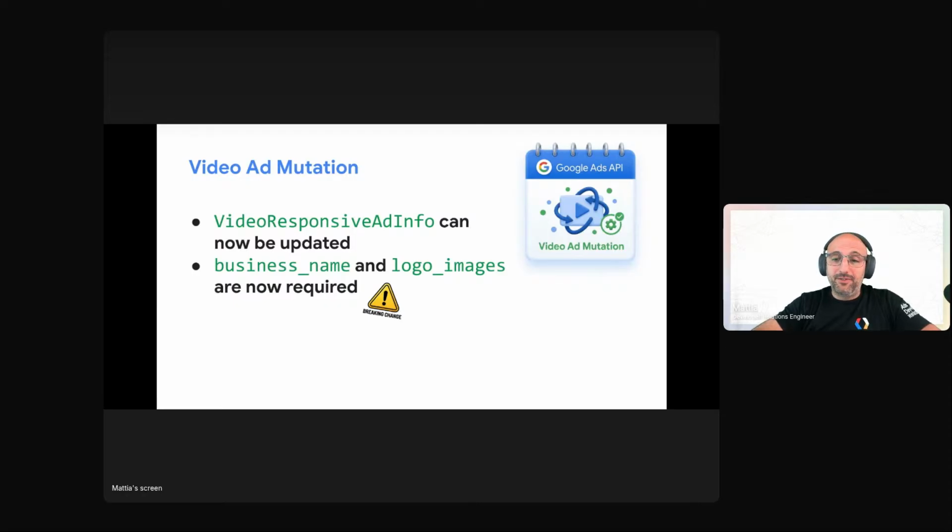Starting with V24, you are now able to mutate video ads. So this opens up a lot of possibilities, like updating the YouTube video asset used by an ad or modifying its properties, such as the headline, the description, or the call to action. All of these were not possible with the Google Ads API before V24, but now you can do this.